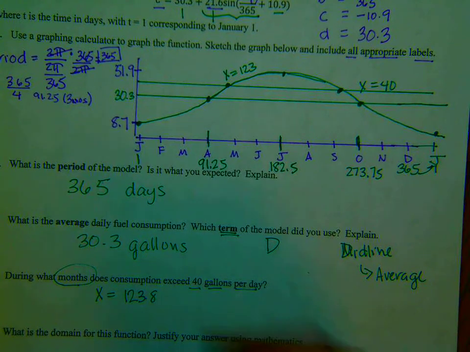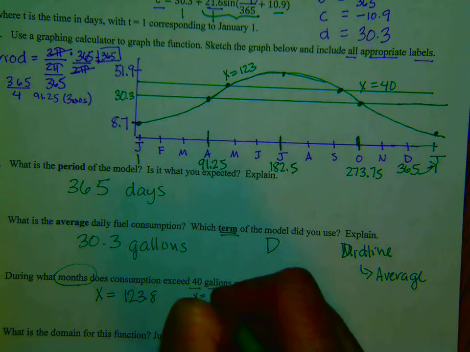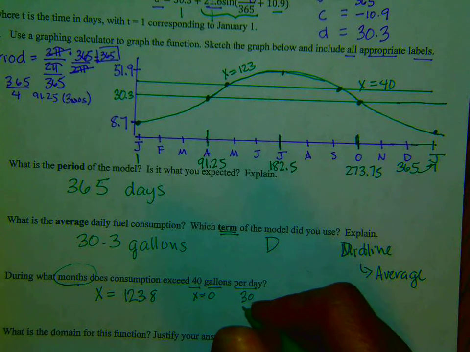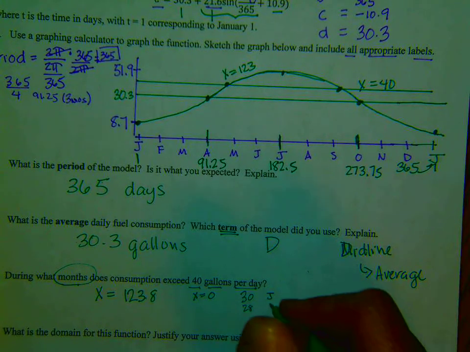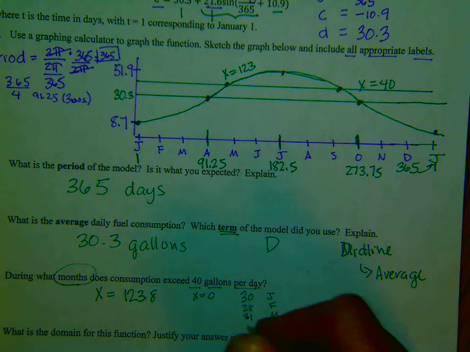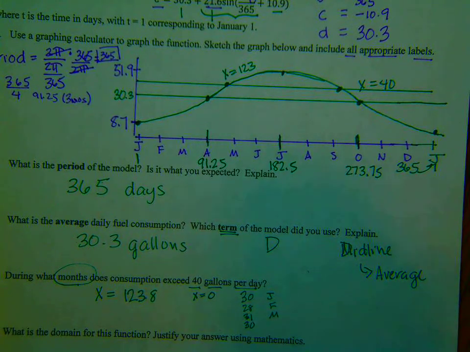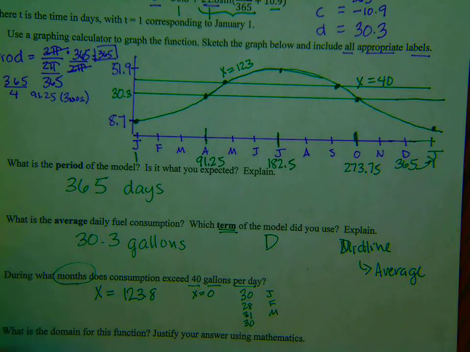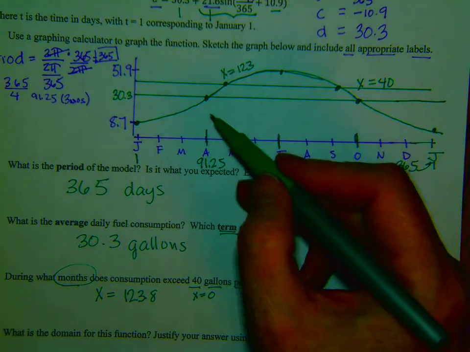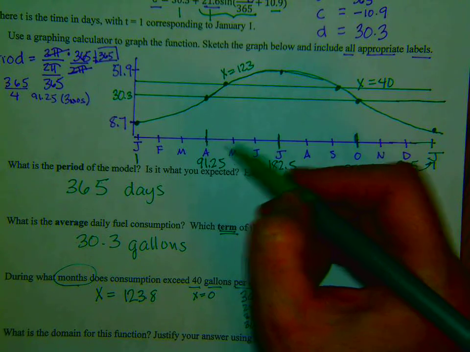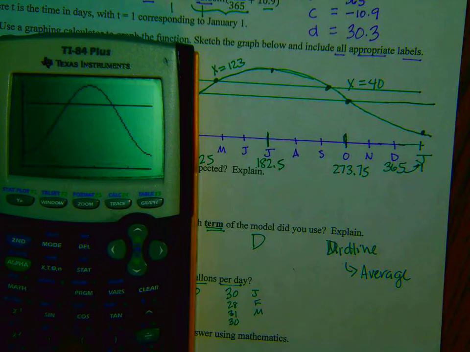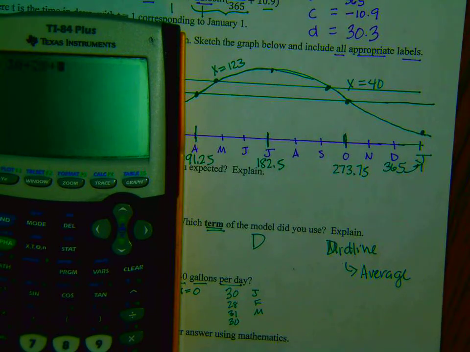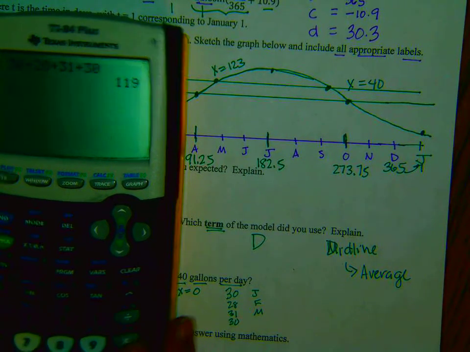Well, what I can do is take x equals 0 and add to it the months of the year. January has 30 days, February has 28 days, March has 31 days, and April has 30 days. If I add all those up, I'm trying to see exactly which month this falls into, April or May. 30 plus 28 plus 31 plus 30 gives me 119 days.